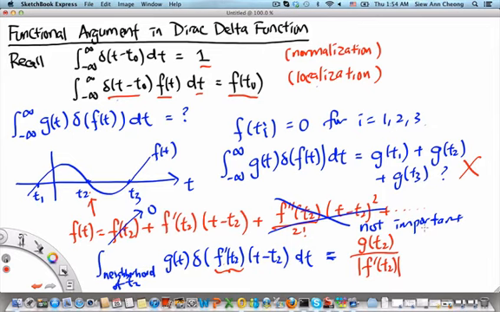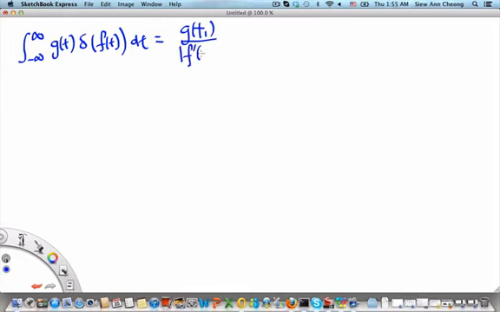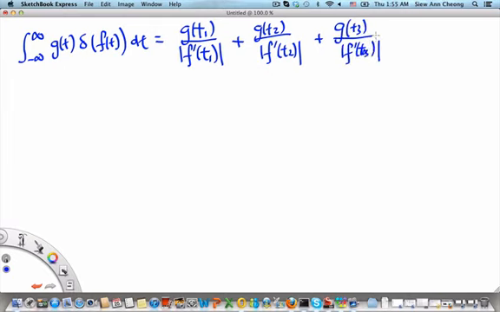And of course, if we do it for t3, it will look similar, t1 will look similar, so that all in all, the integral from minus infinity to infinity of g t times delta of f of t dt will be equal to g at t1 divided by the absolute value of the first derivative of f evaluated at t1, plus g t2 divided by the absolute value of f prime evaluated at t2, plus g t3 divided by the absolute value of f prime t3.